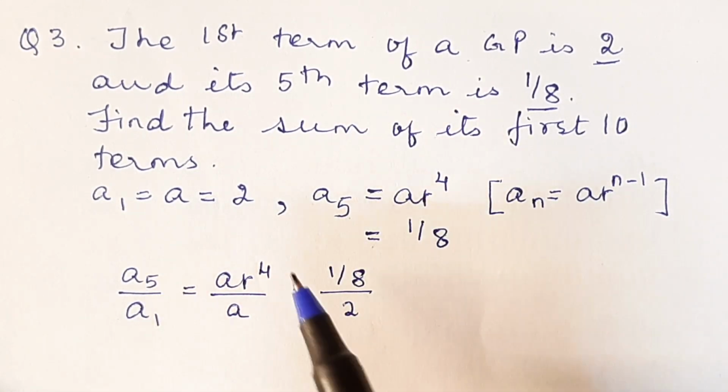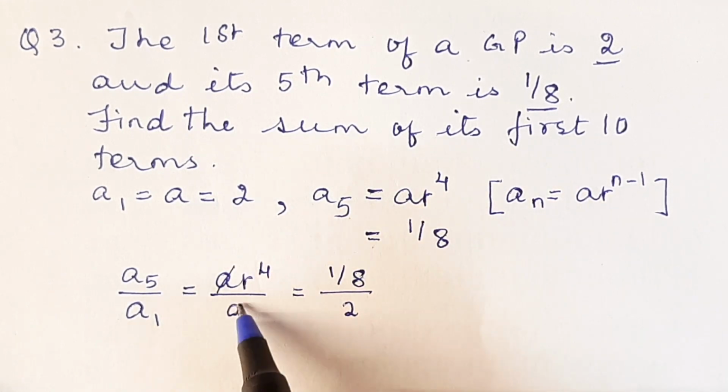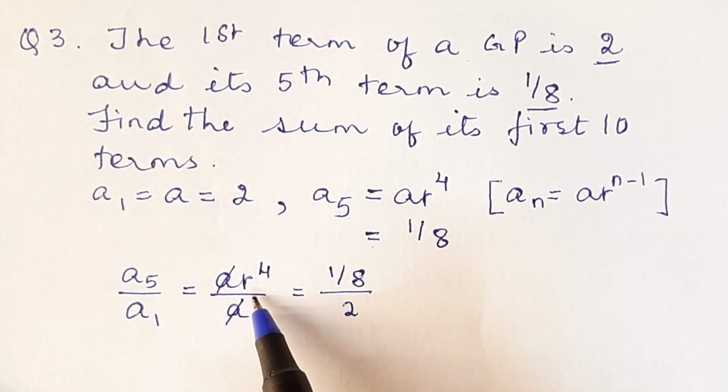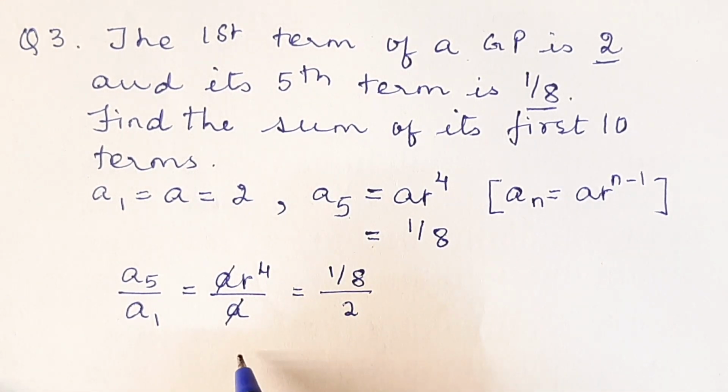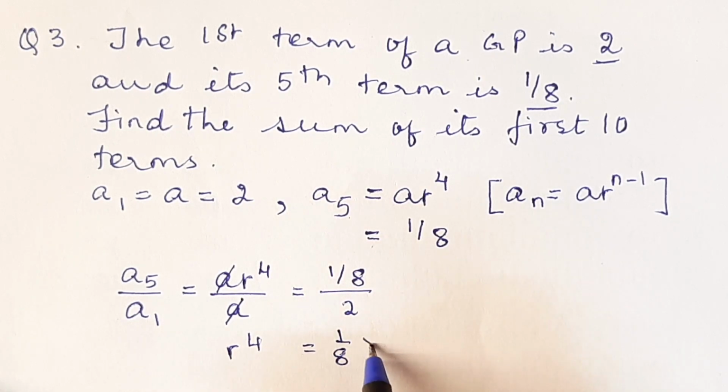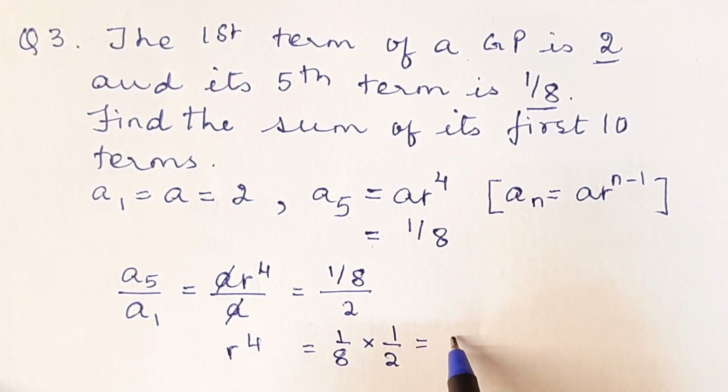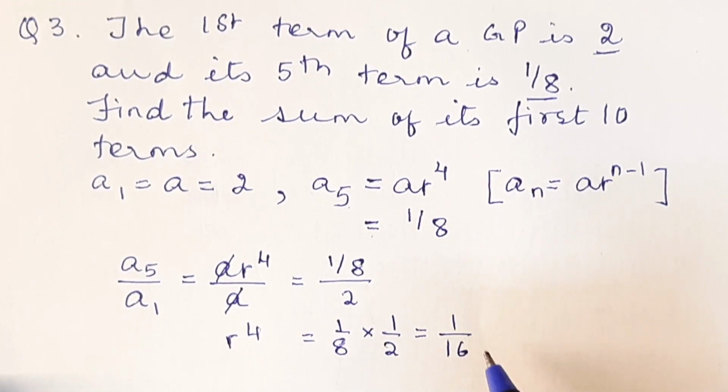Now why did we take the ratio? So that we could cancel this. So we eliminated a, so we'll have r to the power 4 equal to 1 upon 8 divided by 2, which means multiplied by half, which is 1 upon 16.